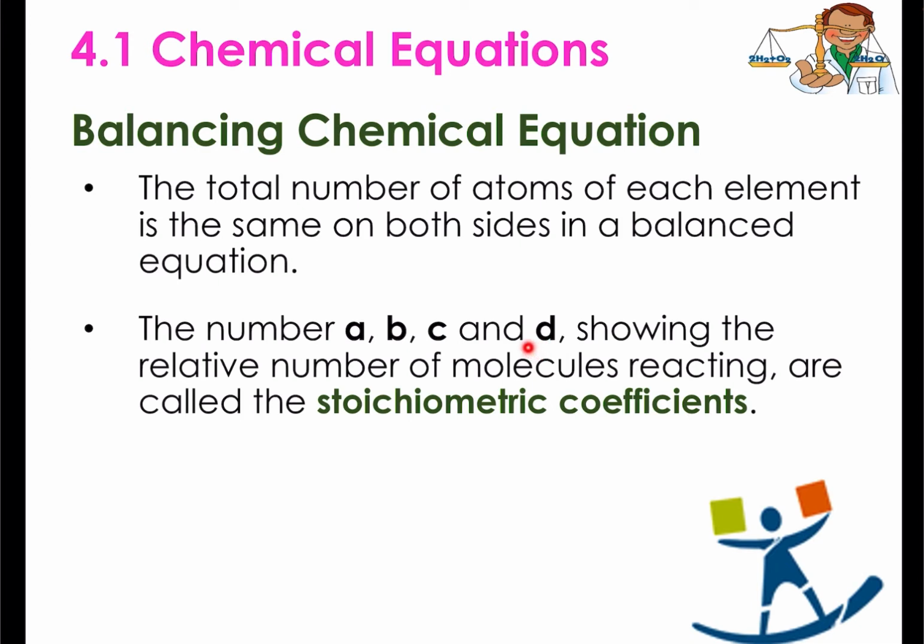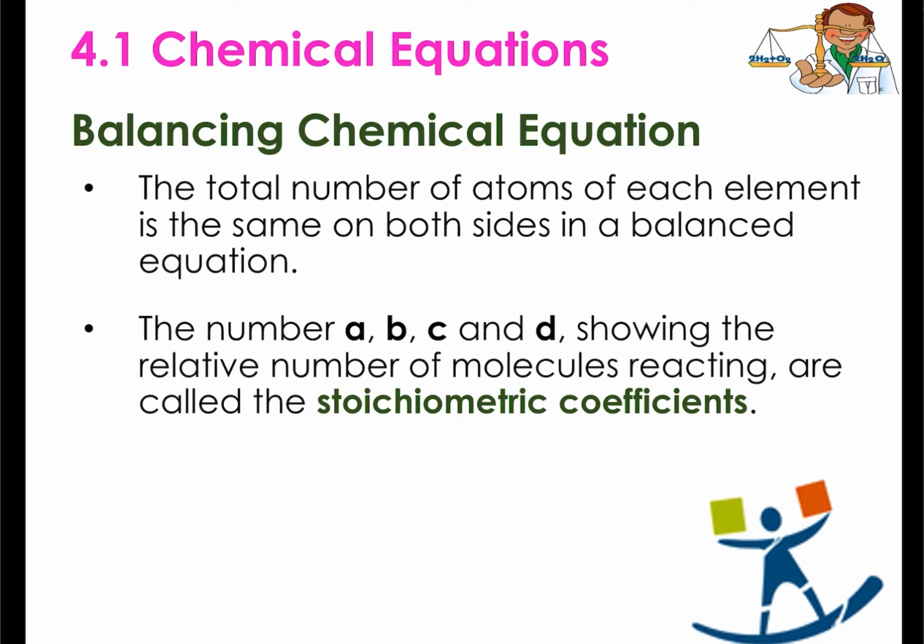Dan ini merujuk kepada relative number of molecules reacting, di mana kita panggil dia sebagai stoichiometric coefficients. You will always hear about this term dalam chapter ni, dan chapter ini kita akan calculate based on stoichiometric coefficients.